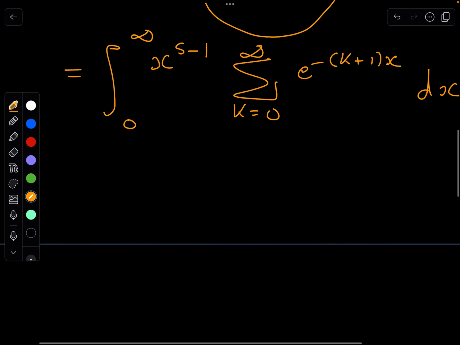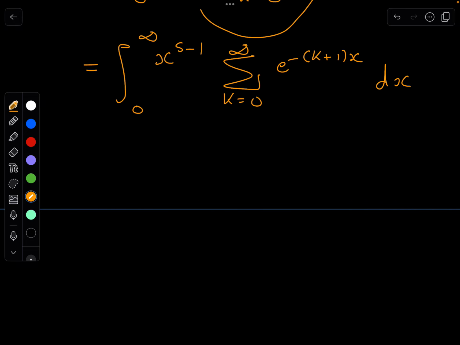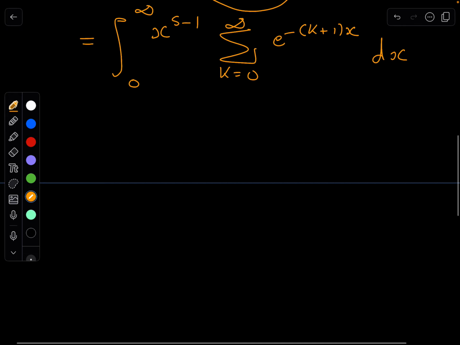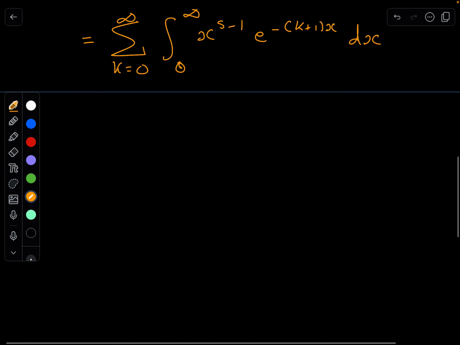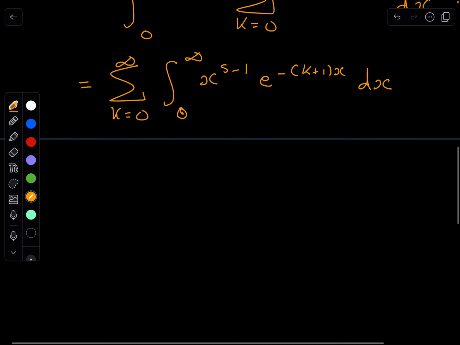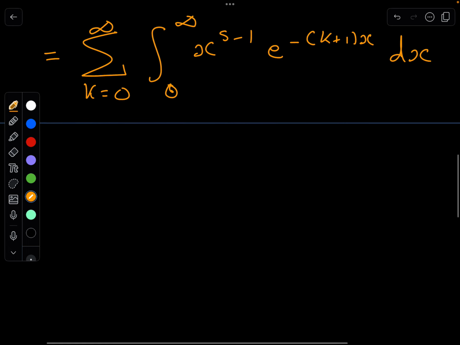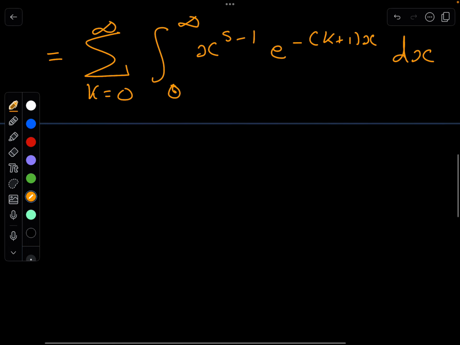Now this looks a lot nicer, but one thing we can notice is that both the functions in the integral are continuous functions, so we can therefore take the sum outside the integral and rewrite what we have. It's e to the minus k plus 1 times x, dx. Now we have our function in terms of x, but it's not really helpful. There's not much we can do from here.